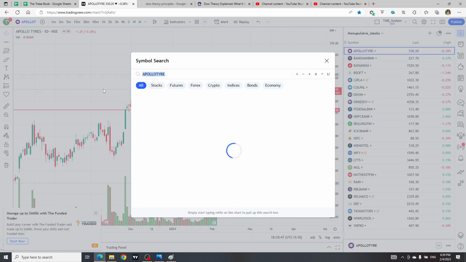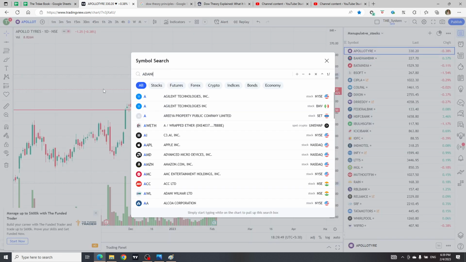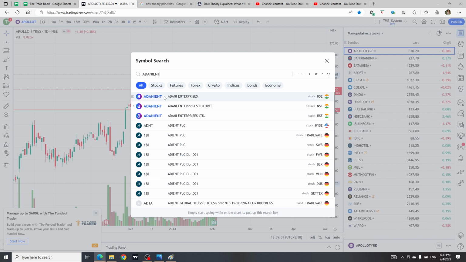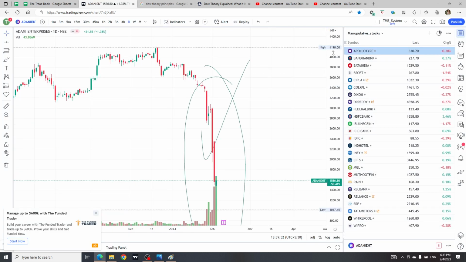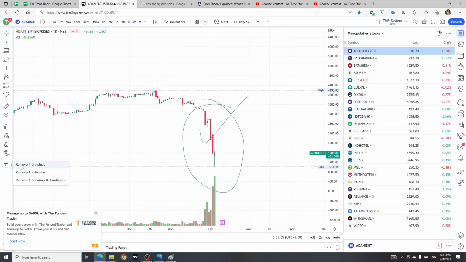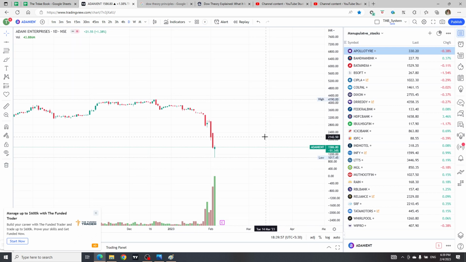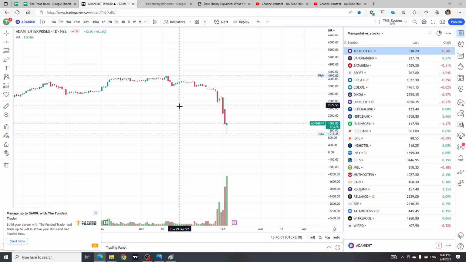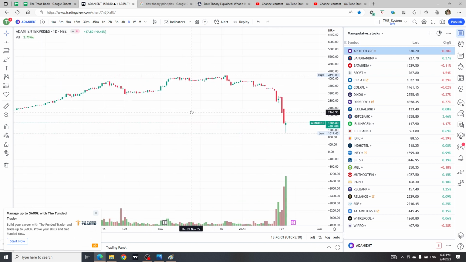Similarly, in Adani Enterprises I also see some anomalies formed. This anomaly is telling me there could be a price reversal in this zone.